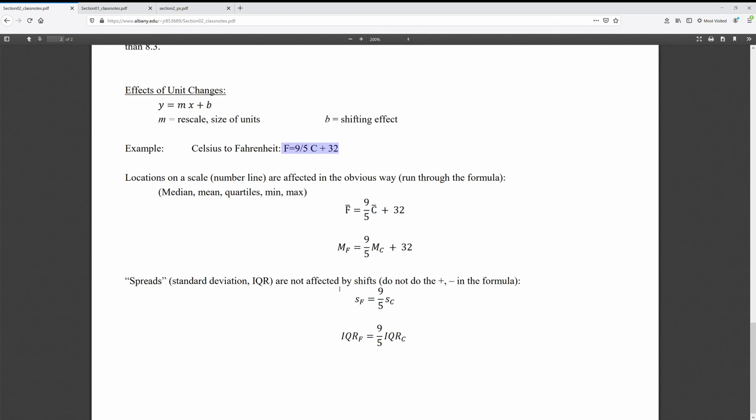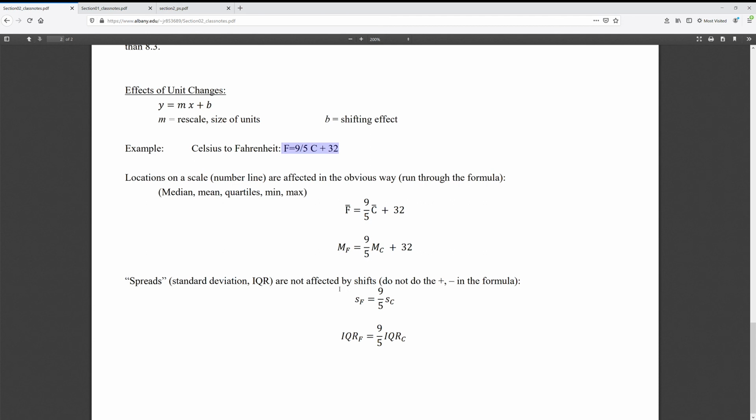So if you wanted to go from Fahrenheit to Celsius, you would subtract 32 and then multiply by 5/9. Parenthesis F minus 32 times 5/9. Same principle. The 5/9 gets done to everybody, but the subtracting 32 doesn't get done to standard deviation and IQR.